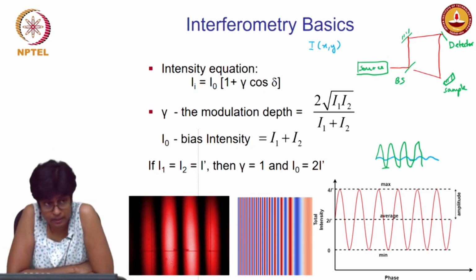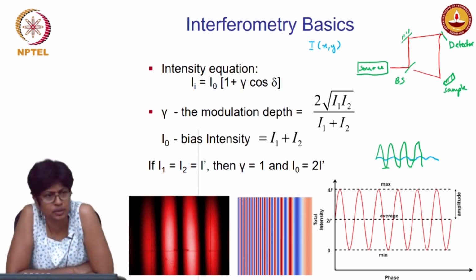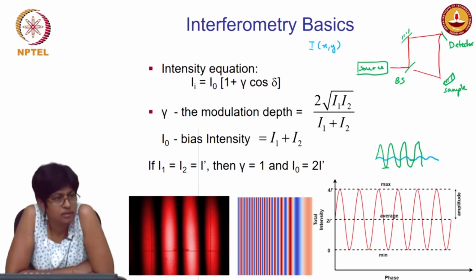So, one thing you said is lower the intensity. How would you do that? Or let me ask the question differently: how would you lower the intensity of the reference beam? Exactly, you could change the beam splitting ratio.